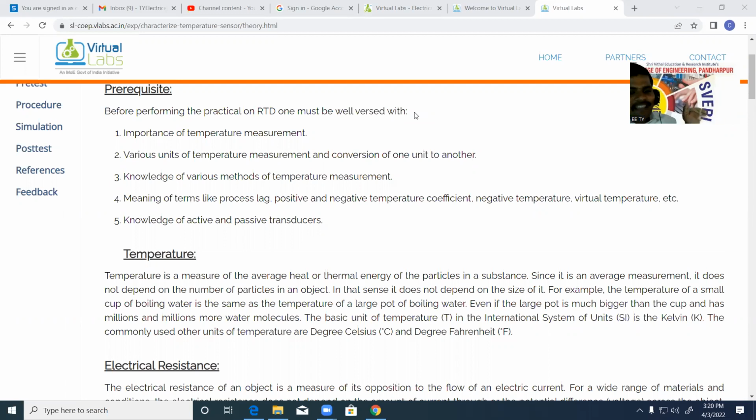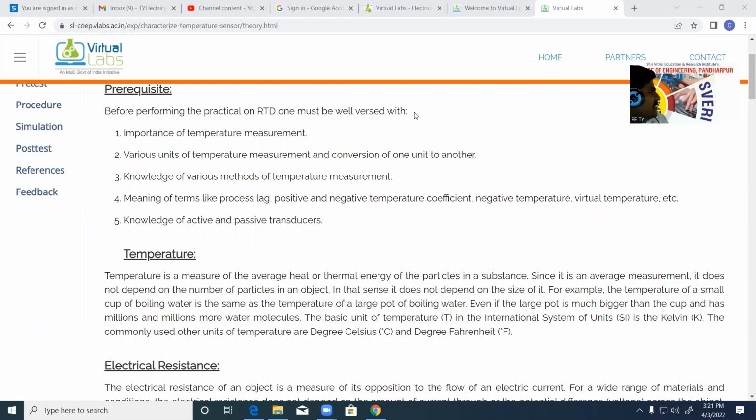In that sense, it also does not depend upon size. For example, the temperature of a small cup of boiling water is the same as the temperature of a large pot of boiling water.